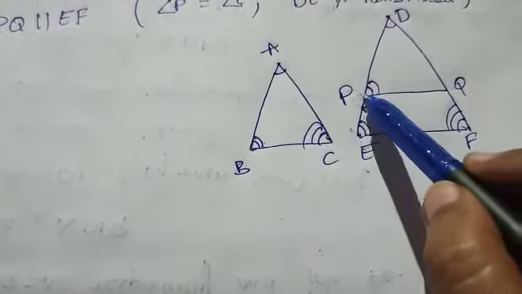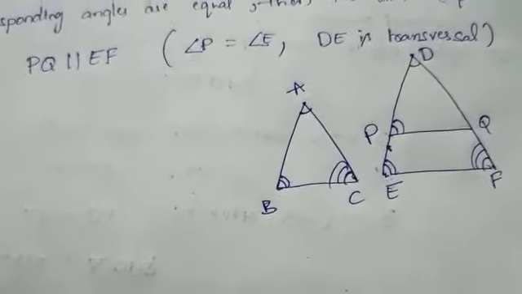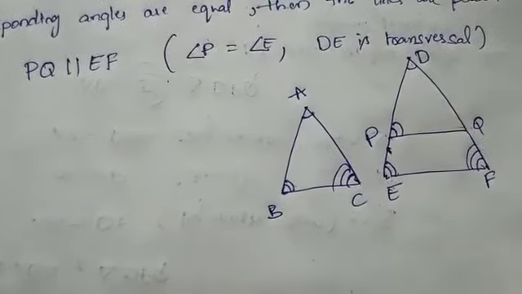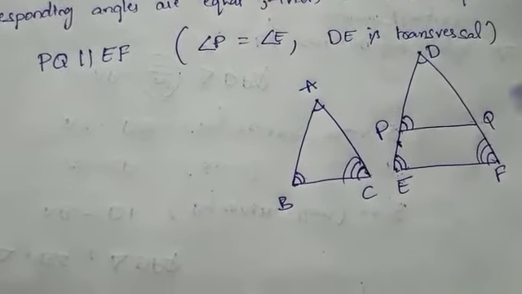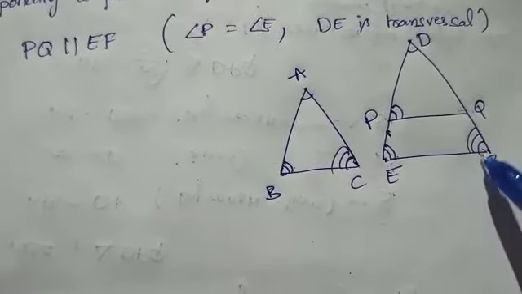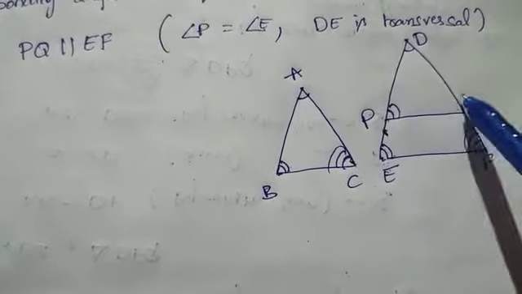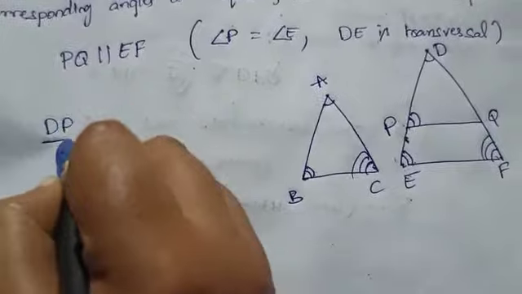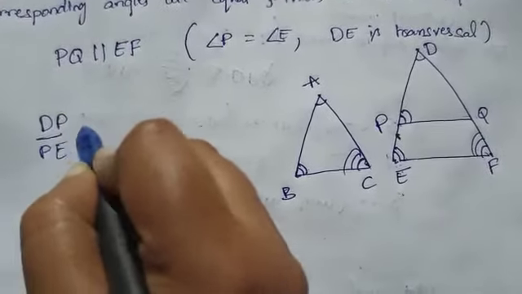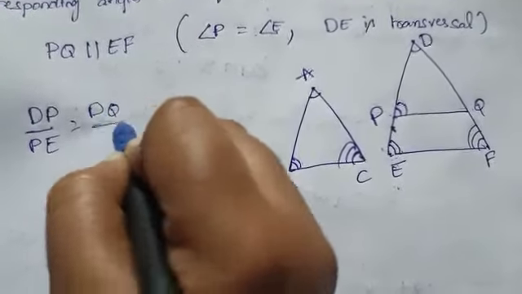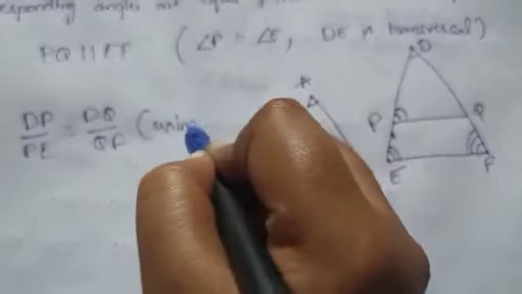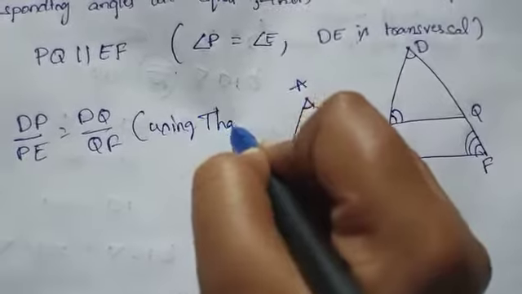Then these two lines are parallel. PQ line is parallel to EF line. We know the basic proportionality theorem: if one line is parallel to one side of the triangle, that line divides the other two sides in the same ratio. DP by PE equals DQ by QF, using the basic proportionality theorem or Thales theorem.